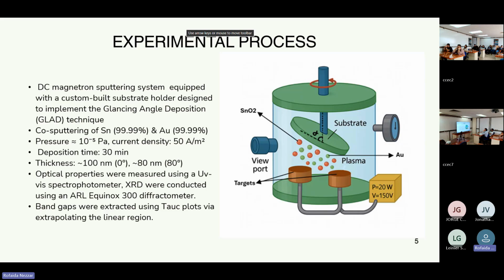The deposition time was set to 30 minutes, giving film thicknesses of about 100 nanometers for 0 degrees and 80 nanometers for 80 degrees. To analyze them, we used UV-visible spectrophotometry to measure transmittance and absorbance, and X-ray diffraction to identify the crystalline phases and confirm the incorporation of gold. The band gaps were estimated by Tauc plots by extrapolating the linear region.